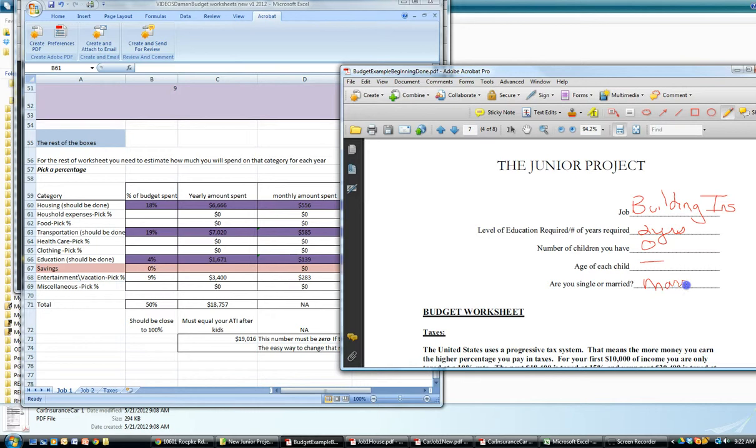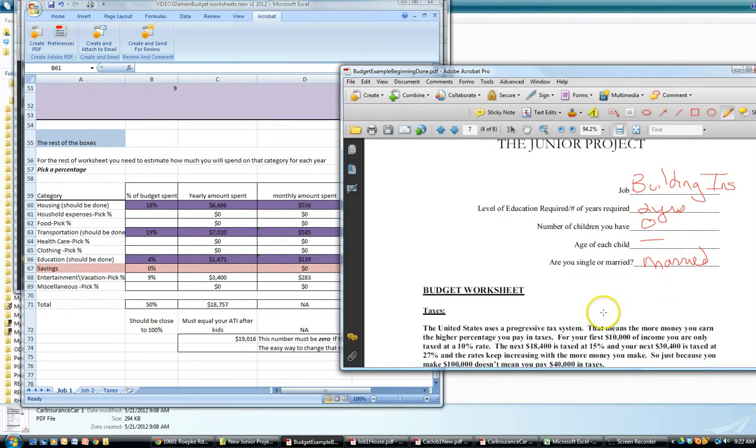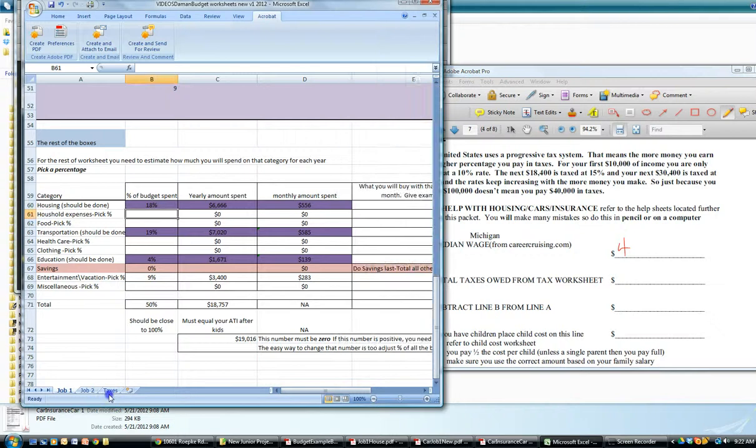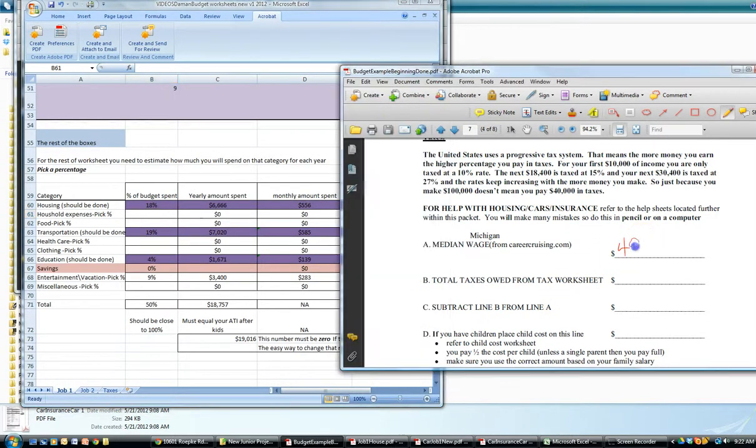And I am married. All right, so again, I would copy in my median wage, 49 or 40. I should know this. 49,800. That was right. 49,800.